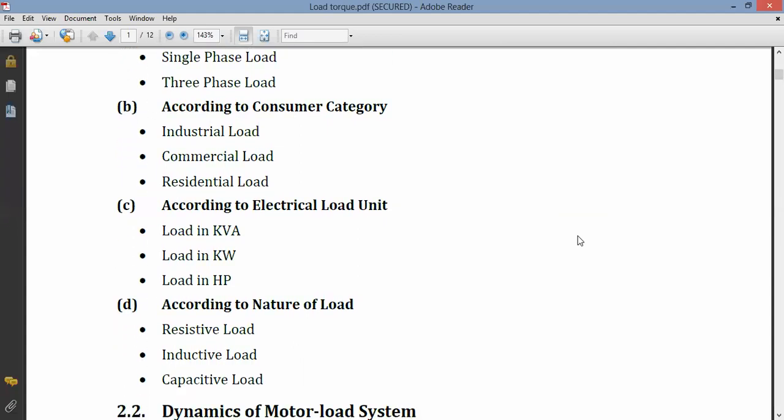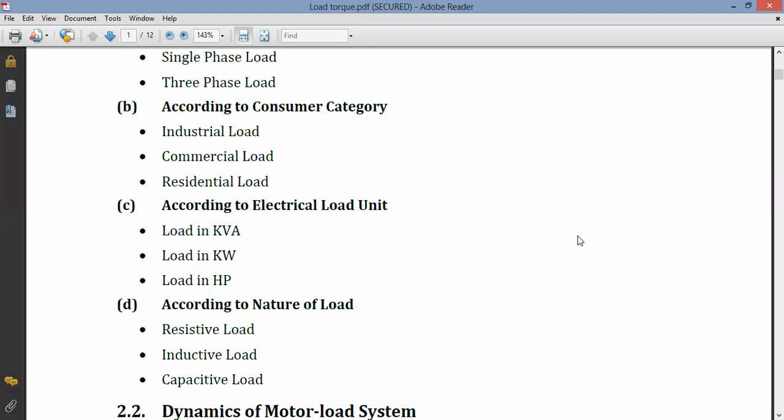According to the nature of the load, it will be resistive, inductive, or capacitive. You have discussed all these things in your previous semesters: depending upon the supply, the output, the electrical load, and the nature of the load, we classify the load into different categories, and all these loads are included in the drive system. So depending upon the supply, the load can be classified as a single-phase load or a three-phase load.